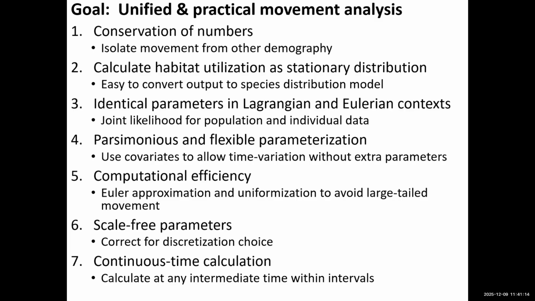We want the model to be parsimonious and flexible, so using covariates, as Matt again said, to collapse a big unstructured movement model down to a small set of parameters that we can estimate depending on how much data we have. We want it to be computationally efficient. We want the parameters to be scale free, so it automatically corrects for discretization choices. And I think we also want it to be continuous time.